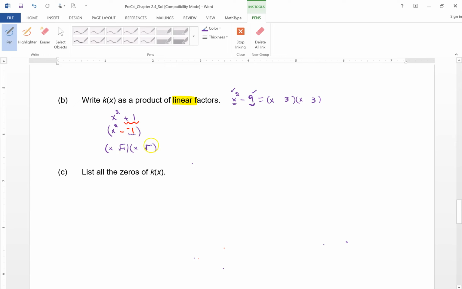And I have a minus in the first and a plus in the second. Now, what's the square root of minus 1? i. So this is i, and this is x plus i. So basically what I just did is I factored this with imaginary numbers.